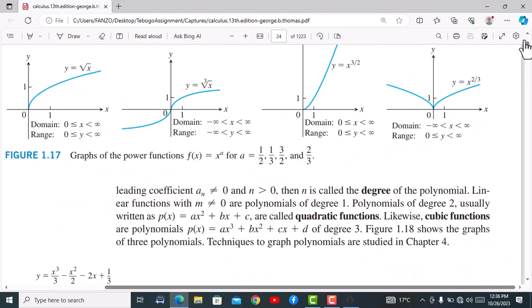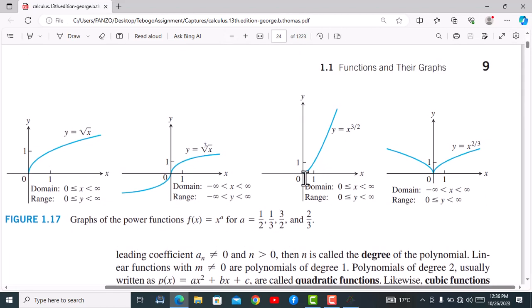And then we come to this one, and we can see this is pretty much straightforward. The domain, x should be greater than or equal to 0, positive x values, but x should be less than infinity. And then the range is that way. And then we look at this one, x should be greater than negative infinity, there it is, and x should be less than infinity, there it is.